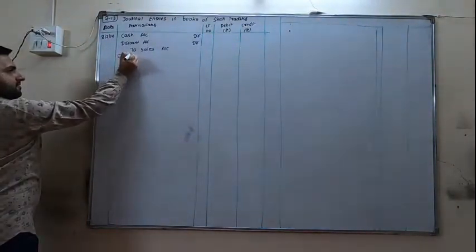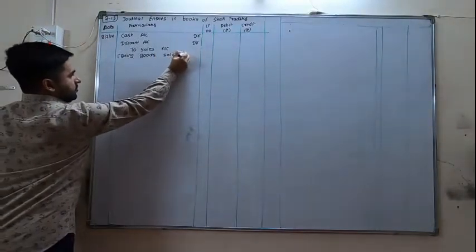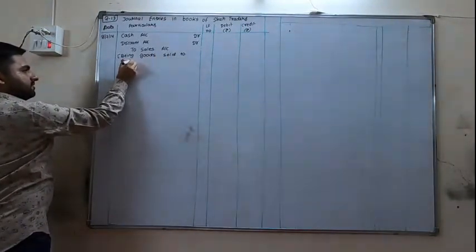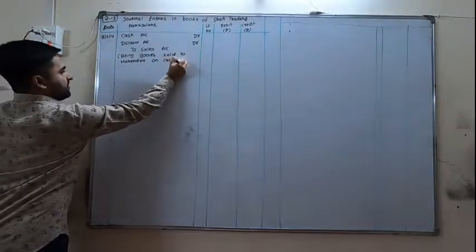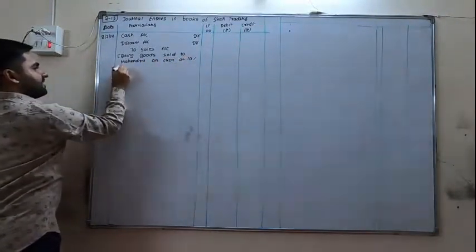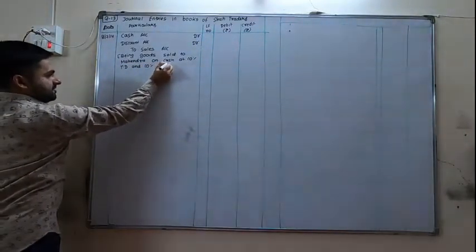Being goods sold to Mahendra on cash at 10% TD and 10% CD.